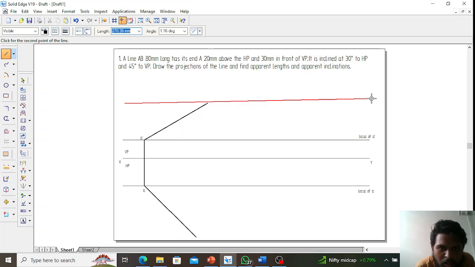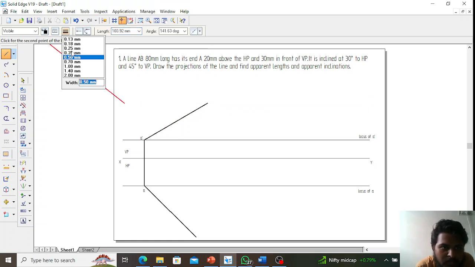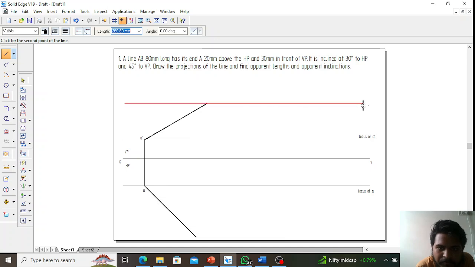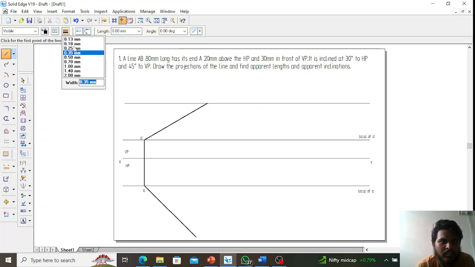Now I am drawing this line. We will go from the top only. Let us first change the thickness to 0.35 mm. Right, it's done. Now same we will change the thickness to 0.35 only and draw one locus here also.